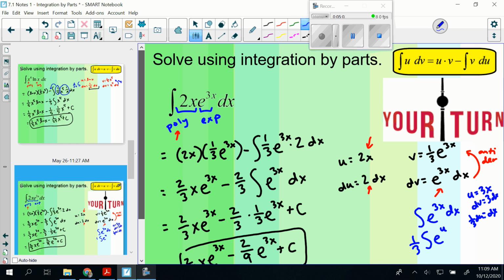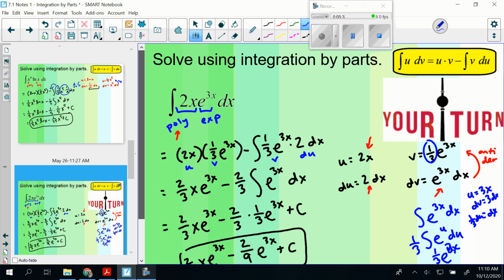That's where that 1/3 comes from. And then that just ends up being 1/3 e to the u as our antiderivative, and then if you substitute back in, that becomes that 3x. So you should have had a 1/3 there as well. So make sure you had that. So now if you put everything in place here, here's our uv minus the integral of v du.